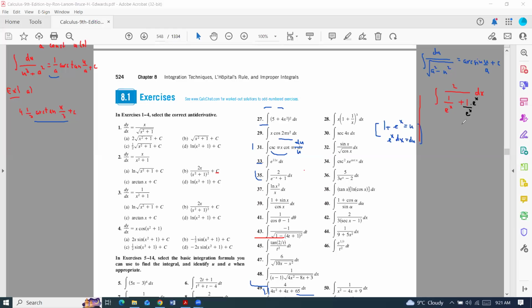So why I do this is because on the top it'd be 2, but on the bottom we'll have complex fractions. So e to the x will be in the denominator, but my numerator is going to be 1 plus e to the x.